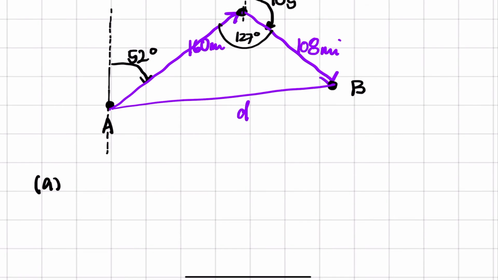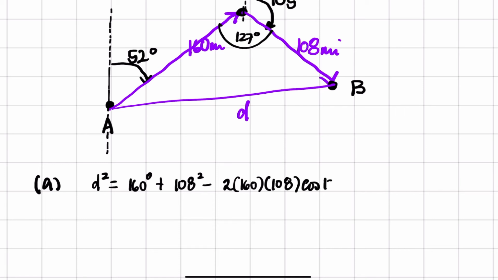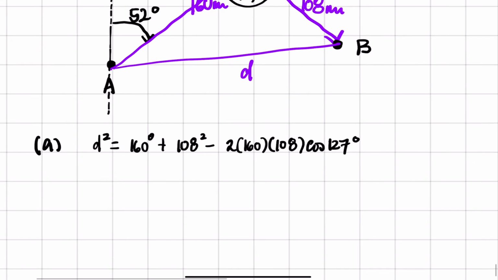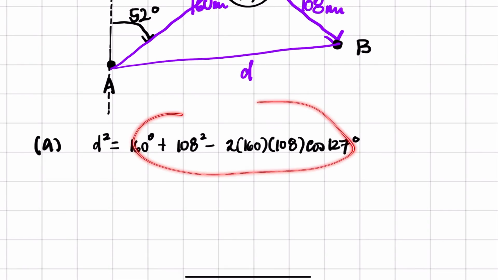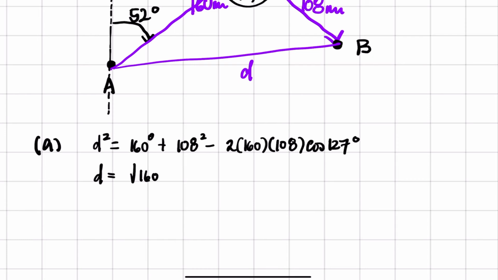Apply na tayo ng cosine law. So, cosine law states that etong opposite angle, square, equal siya sa square nito plus square nito minus twice nung product ng sides na adjacent. Tapos cosine 127 degrees. Tapos, number lang to, huwag kayong matatakot dyan. And then take the square root of both sides. Yung positive yung kukunin natin, ba't naka-degrees to? Square yan.